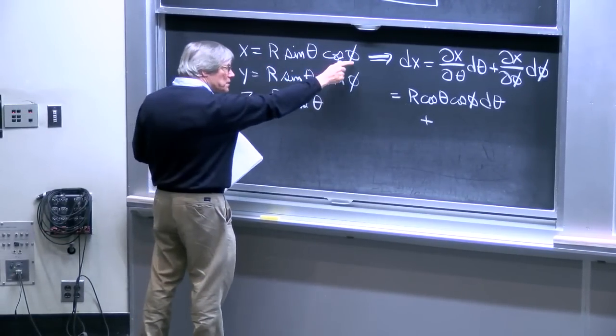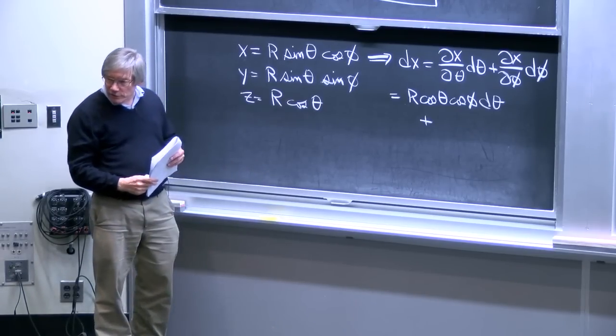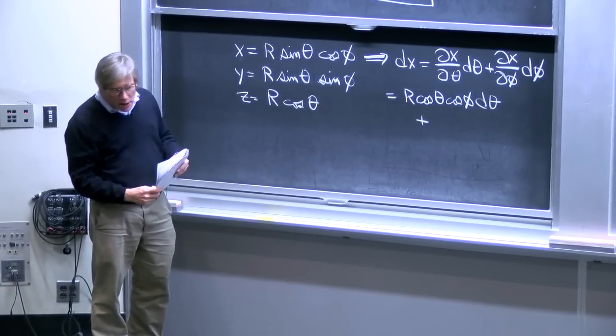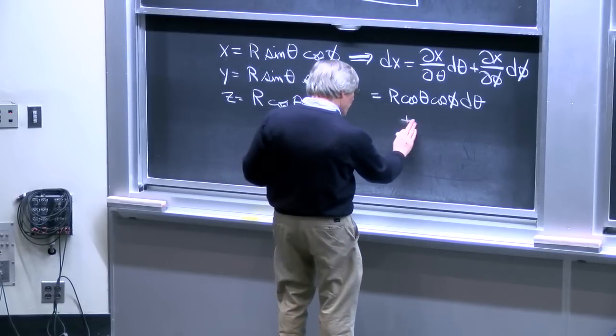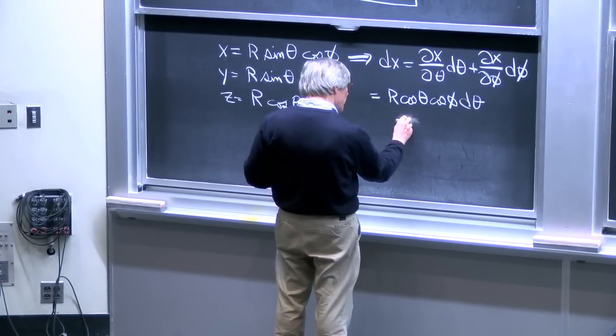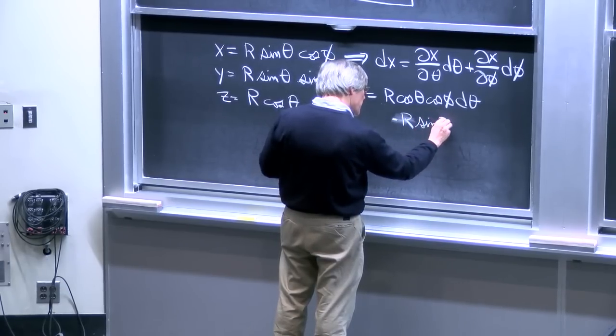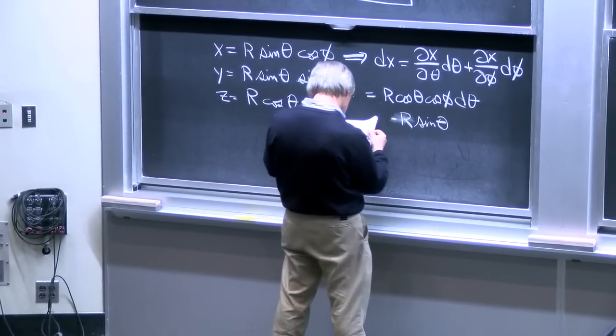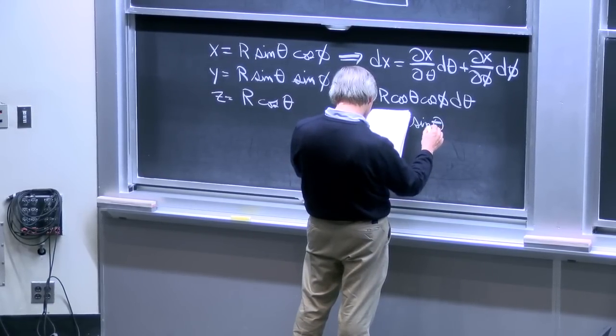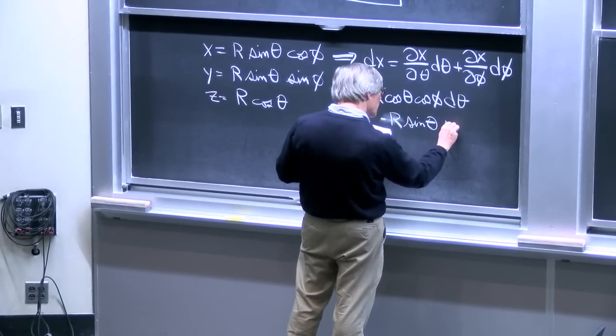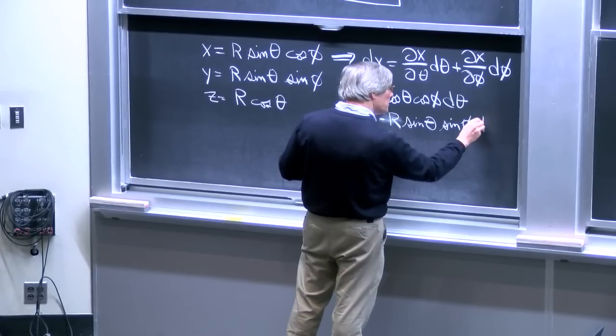We just differentiate this expression with respect to phi. The derivative of cosine phi is minus sine phi. So the plus sign becomes a minus sign, r sine theta sine phi d phi.